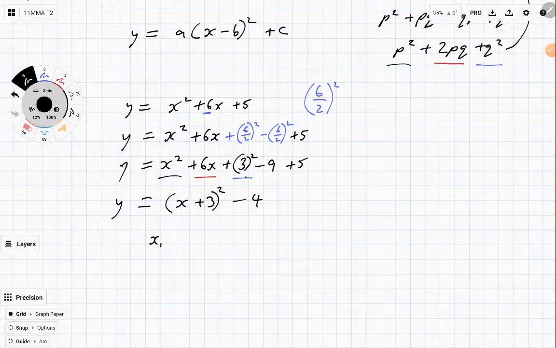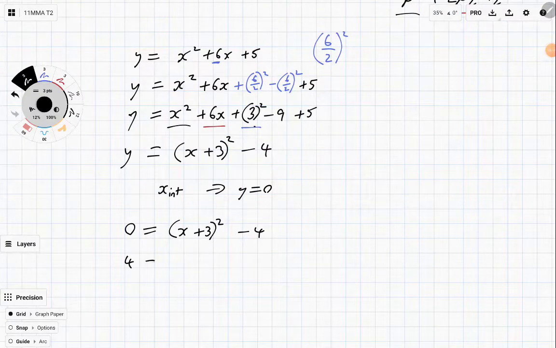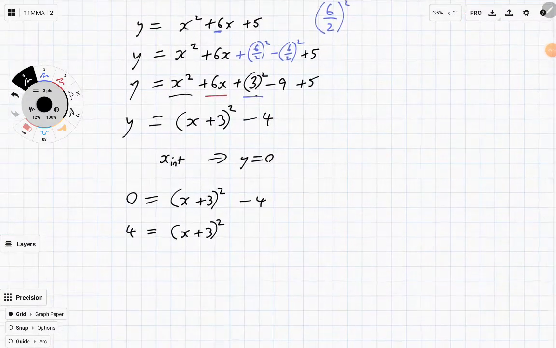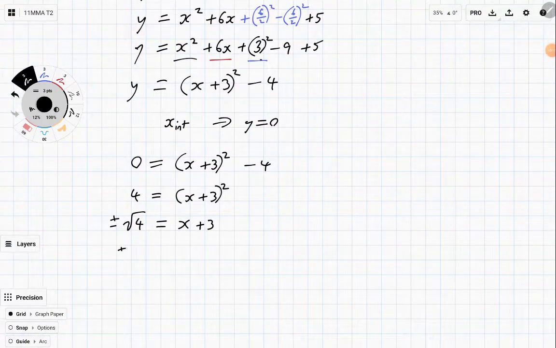The x-intercept is when y equals 0, so 0 is equal to (x plus 3) squared minus 4. Add 4 to both sides: 4 is equal to (x plus 3) squared. Take the square root of both sides. It's an even root, so it's plus or minus the square root of 4, which is 2. x plus 3 equals plus or minus 2.